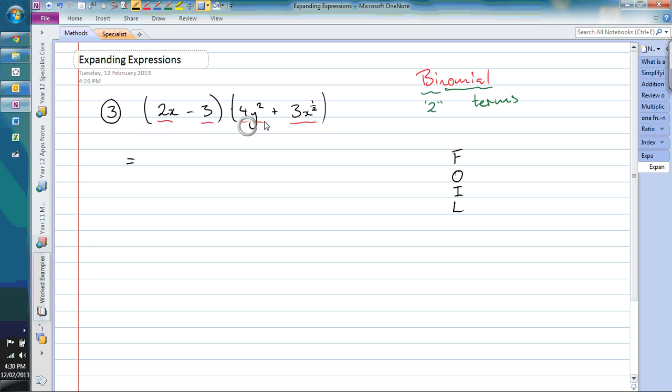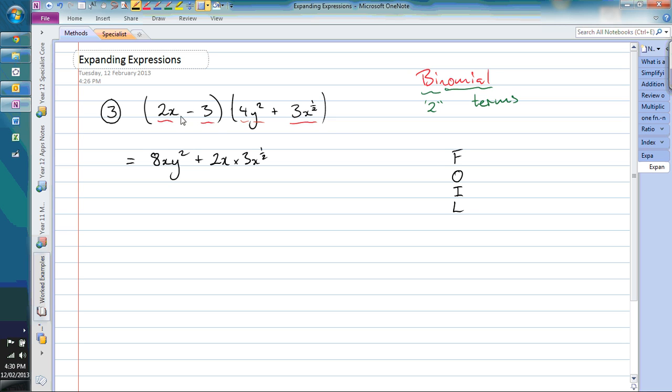So, first step, 2x times 4y squared is 8xy squared. Outside terms, 2x times 3x to the half. Now that's a little bit complicated, so I'm just going to leave it unsimplified, just for the moment.